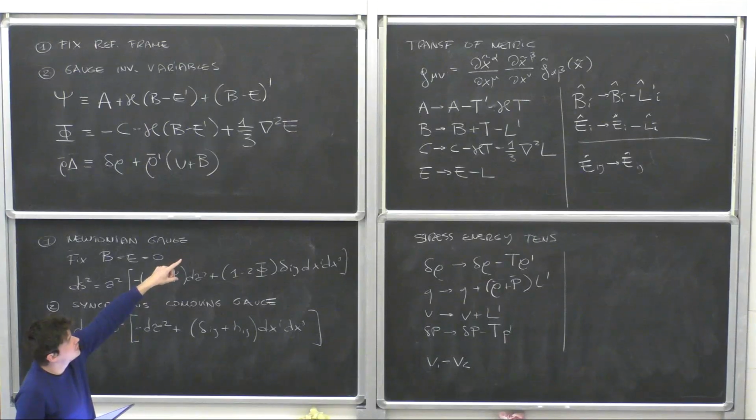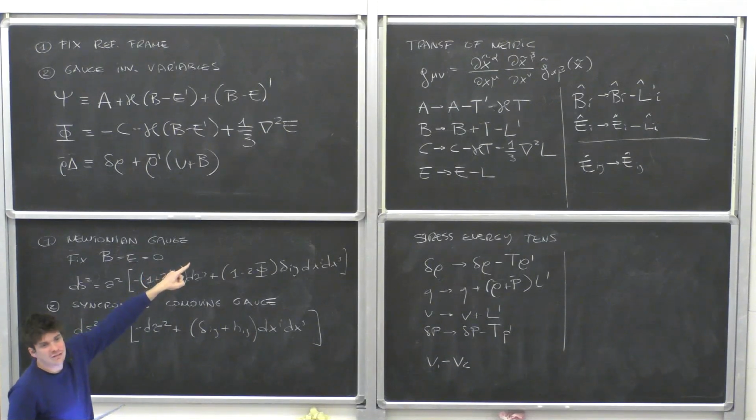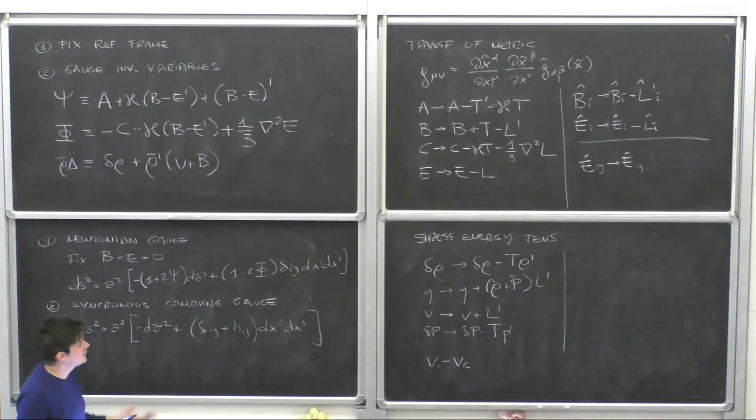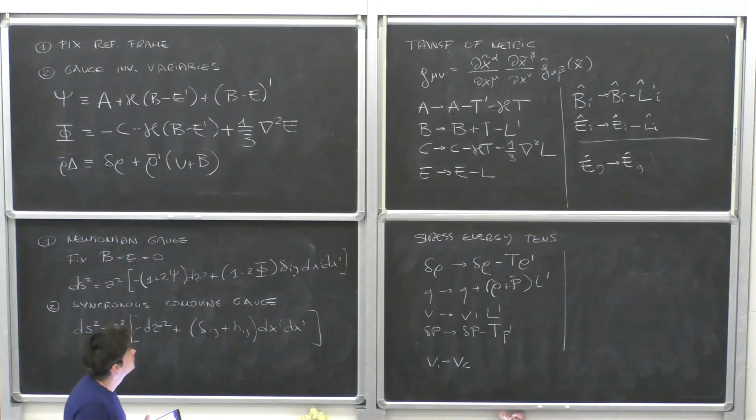So we need to pick a suitable T, but that suitable T is a differential equation that needs a boundary condition. So where does that boundary condition come from?